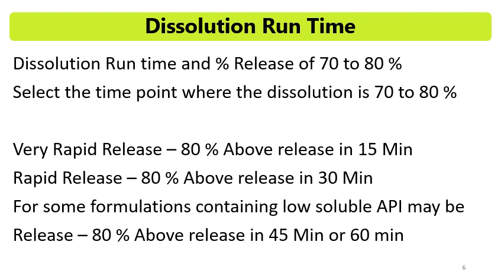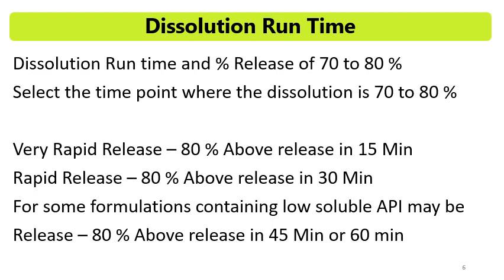Always understand that the dissolution run time and the percentage release of that formulation or API from the formulation is around 70 to 80% as required for the Q point release. Below 70% Q point cannot be set and should not be set as per the regulatory guidelines, and also above 80% cannot be set as per the regulatory guidelines.